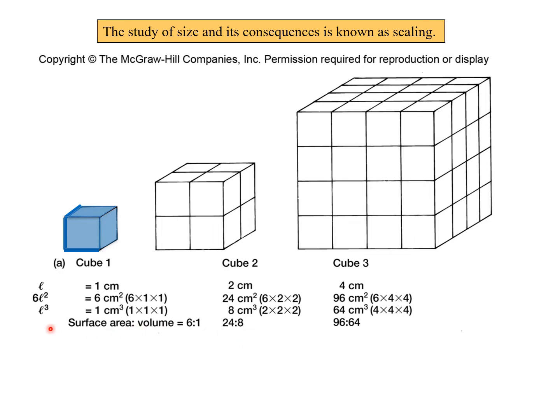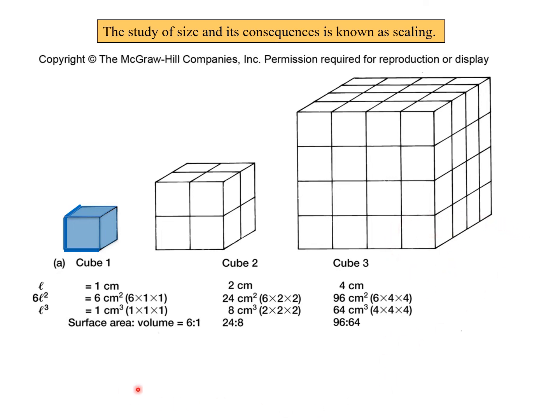The smaller cube has relatively more surface area for its volume. And the trend is going to be the same if you look at cube 3. That has double the length of cube 2, so it has a width of 4 centimeters, a height of 4 centimeters, a depth of 4 centimeters. And you compute that ratio, 96 to 64, that's even smaller. So the surface area to volume ratio is even smaller.